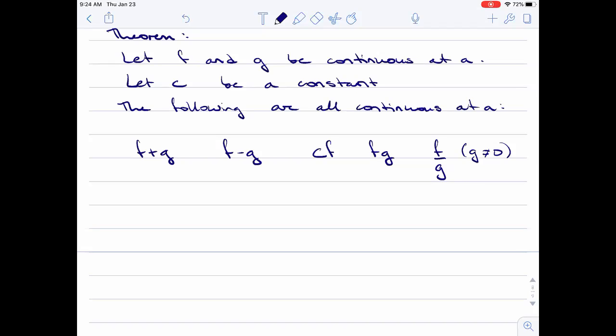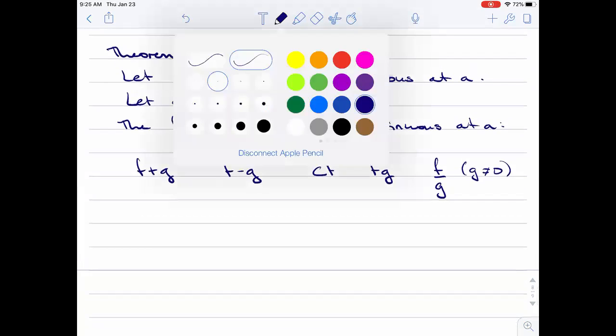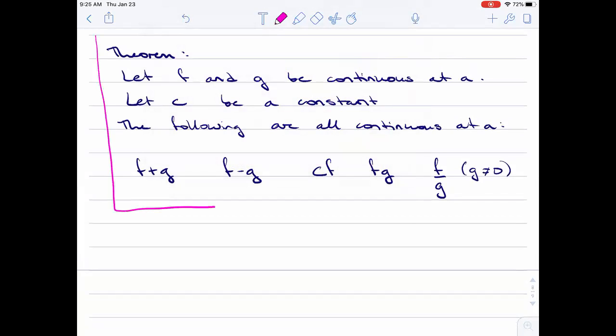So it's not that bizarro, if we think about those limit laws, and knowing that f is continuous and g is continuous. I guess it is a theorem, so I'll throw a pink box around it.